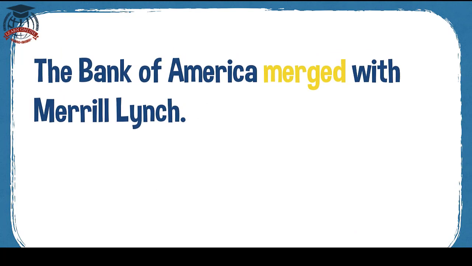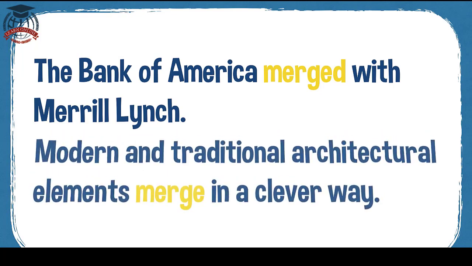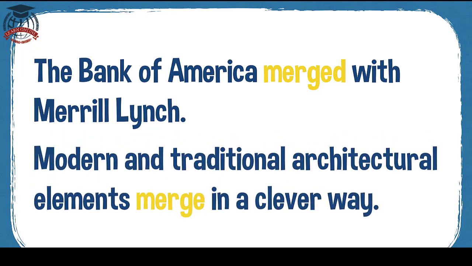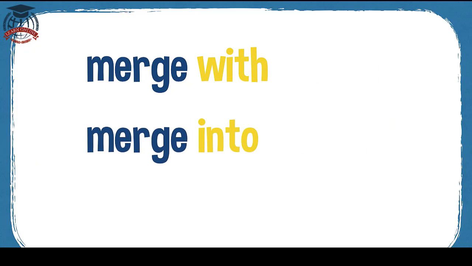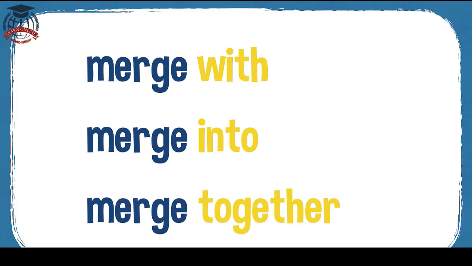So here is an example of that, in fact. The Bank of America merged with Merrill Lynch. Modern and traditional architectural elements merge in a clever way. So here you've got styles merging. We often use these words together: merge with, merge into, merge together.